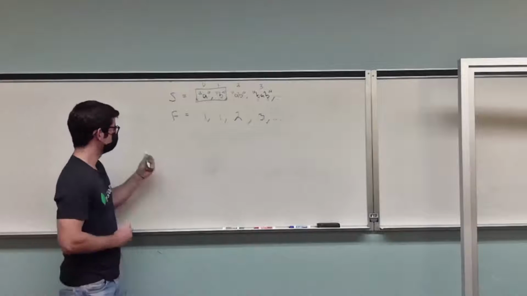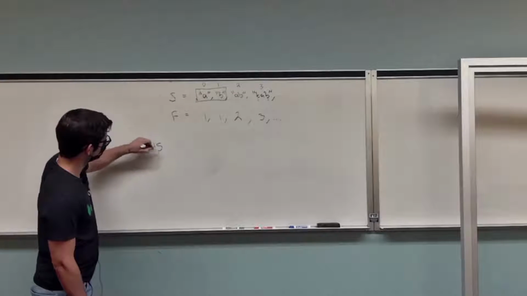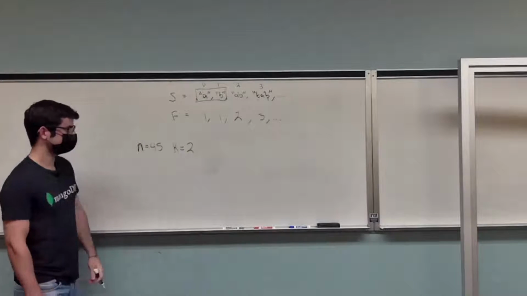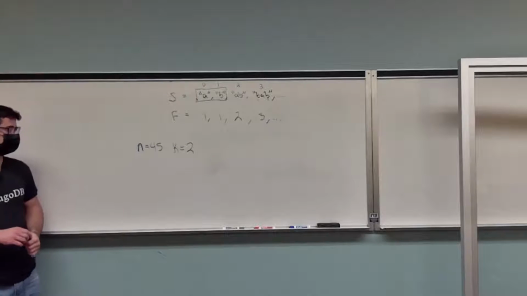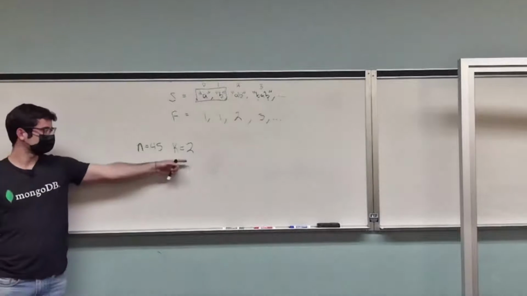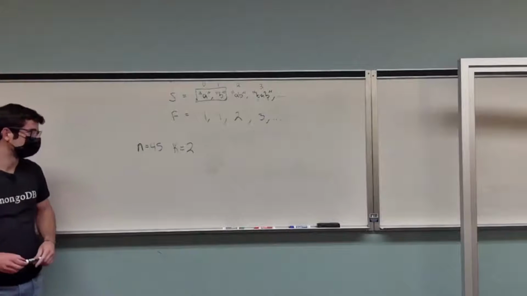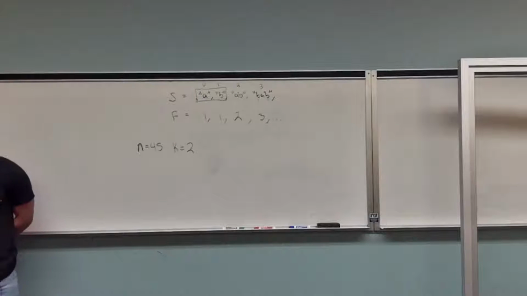Let's say n was 45, and then let's say k was 2. What would this answer be? Do we have to go all the way to 45? No. All right. Why?